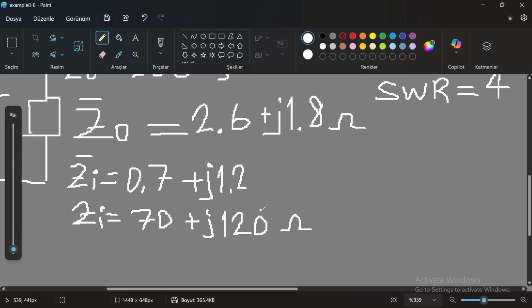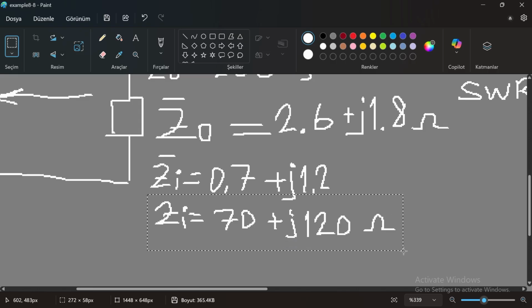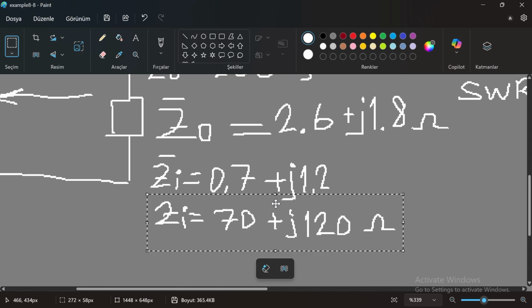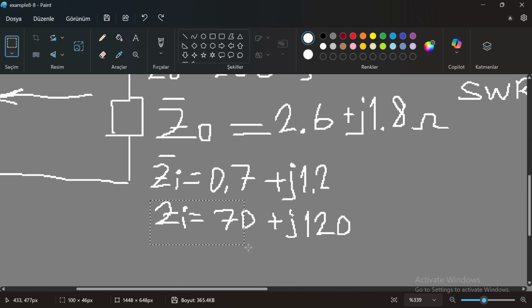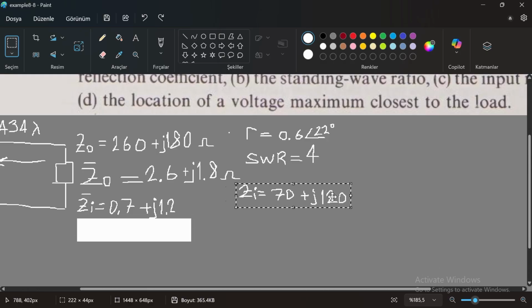Okay, this is our input impedance, but I would like to take it here. So input impedance.